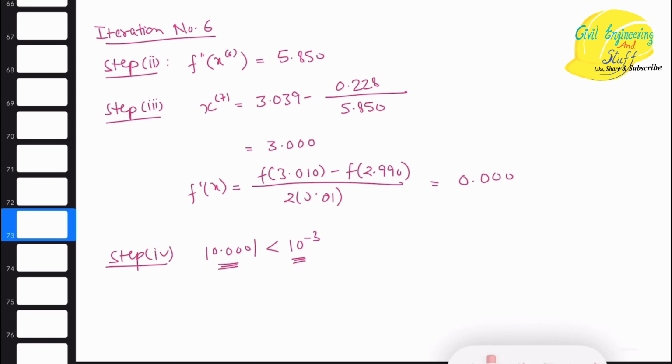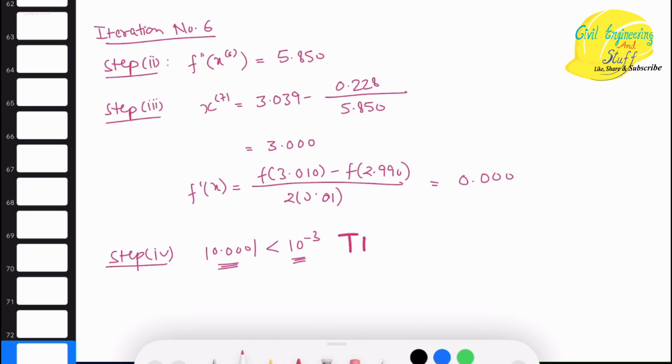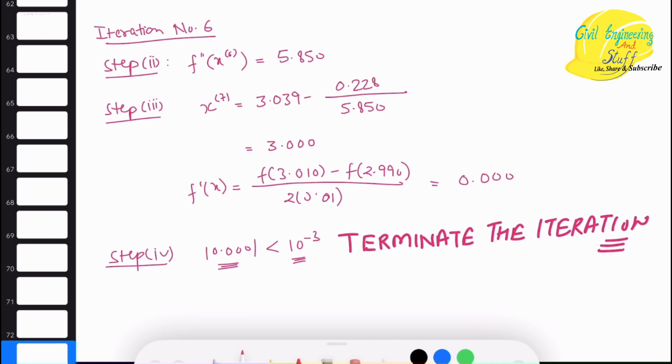So what we'll do, we will terminate the iteration, and we'll say that x equal to 3 is the point that will minimize the function, right? Point x equal to 3 will minimize the function.